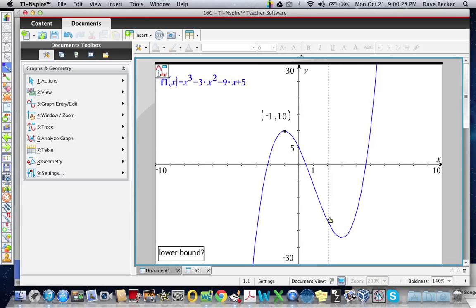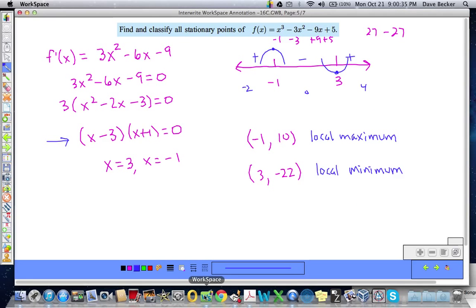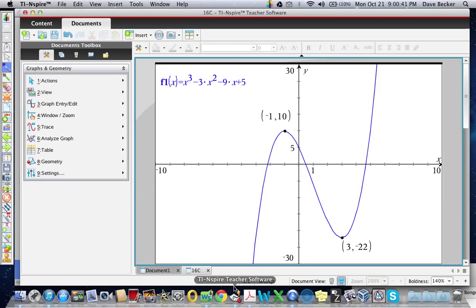And then let's see the minimum, where was it at? (3, -22). Is that what we had? Yes, we did. So you can see that here. We did it with calculus and with algebra. And I'm just showing you that it's true here by analyzing the graph. And so we can get these points without having to actually graph it. That's the whole point of doing this.